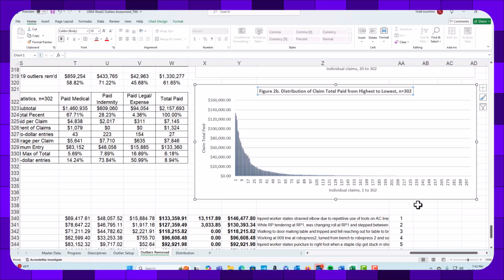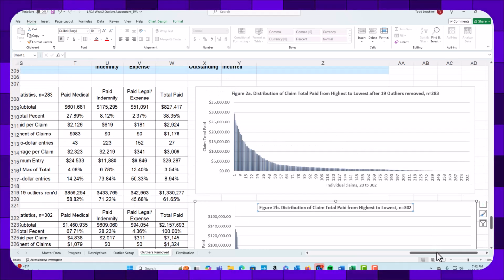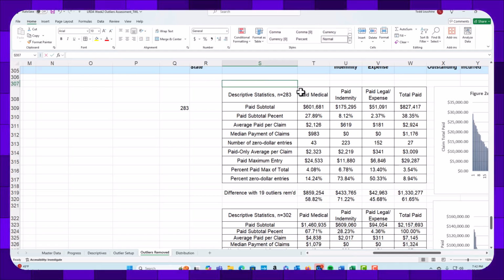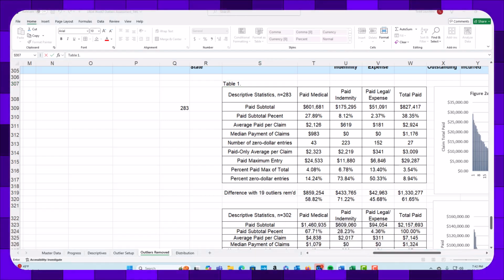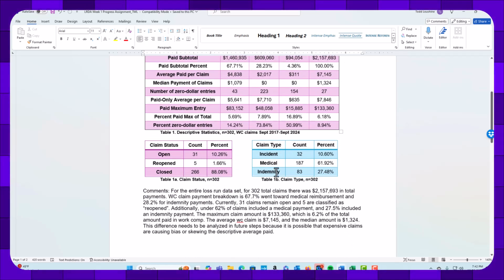Okay, so these are 2 figures that we're going to be putting in for our assignment. It's sort of the before and after. We're also going to be putting both of these tables. Now this is already Table 1, right? And we had a Table 1A and a Table 1B, if my memory serves me. So we already have a Table 1.